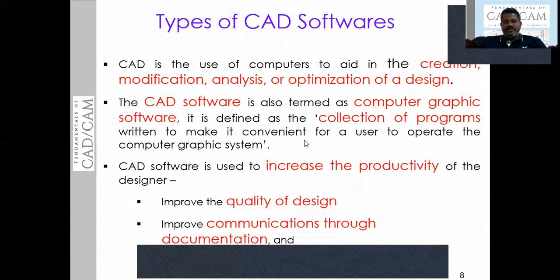The productivity means, in this case, a designer can design a number of components compared with manual designing. Assume that a designer can design a component in 1 week.